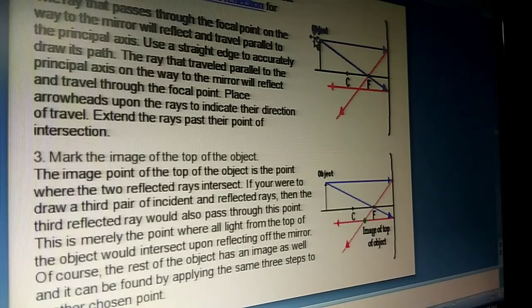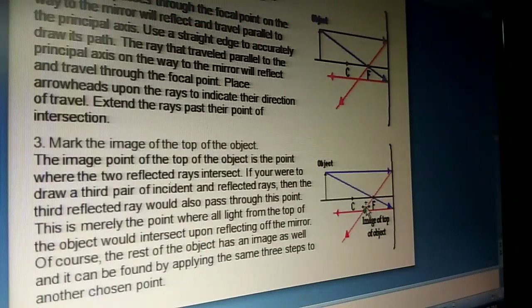Next, if it is parallel to the principal axis, it goes through the focus; if it passes through the principal focus, it goes out parallel to the principal axis. The red lines here represent the reflected rays and the blue lines represent the incident rays. The next rule: the rays intersect at a point, and where they intersect, the image will be formed.